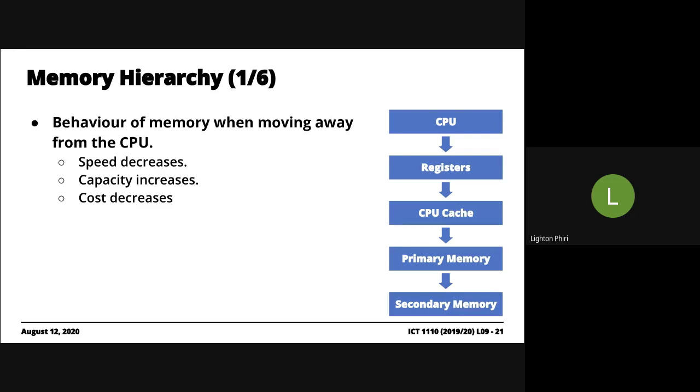The behavior varies depending on which component we're referring to. The speed will tend to decrease as you move away from the CPU. The capacity also increases. This is obvious; you just have to be logical to appreciate this. And the cost also decreases because of the technology used to implement some of these components.